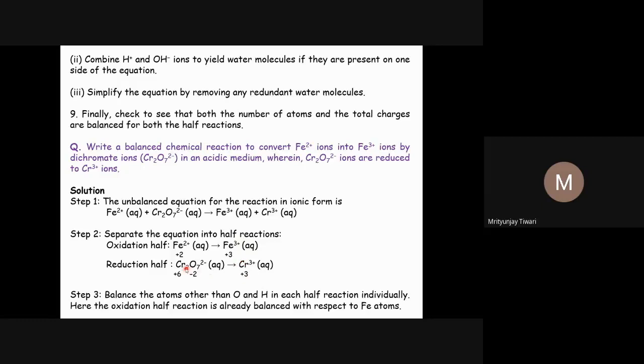However, we need to balance the second half, the reduction half, because two chromium atoms are on the left hand side, the reactant side, and one chromium atom is on the right hand side. We don't have to bother about the number of oxygens at this step. So we multiply the right hand side chromium 3 plus ion by 2, and now the chromium atoms are balanced in the reduction half, and iron is already balanced.